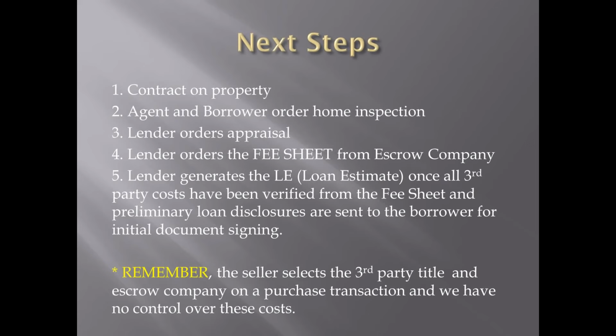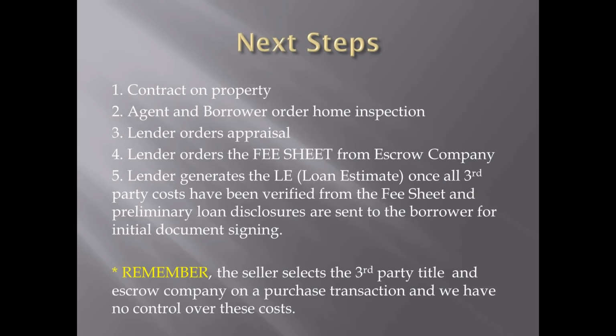First step, your agent and you are going to order your home inspection. The lender is then going to order the appraisal. At this point, the lenders also, okay, prior to ordering the appraisal, we have to disclose your loan terms officially. So now that we have a property address because of the contract, we're going to request preliminary loan disclosures from our compliance department.